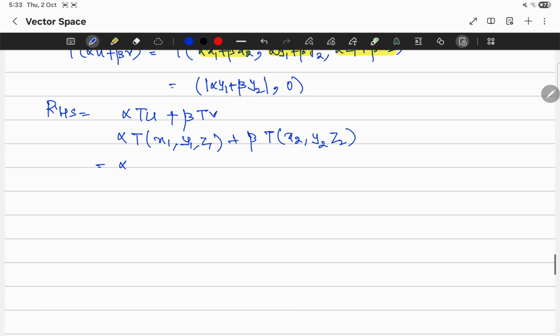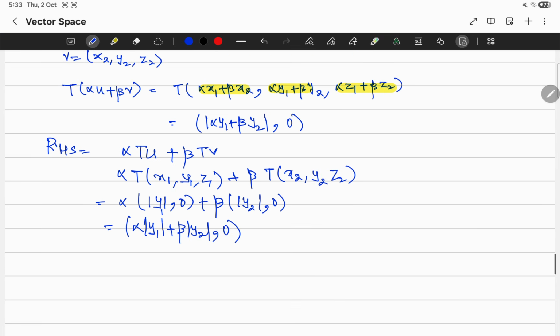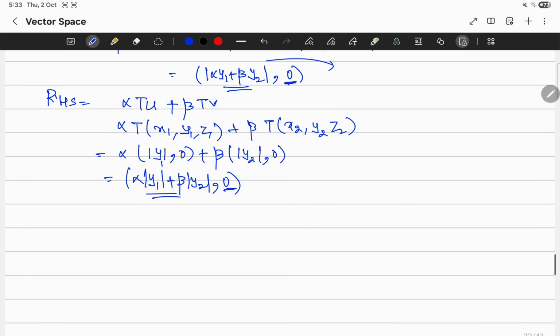So it will give you alpha, when you apply the T, it will give you modulus of y1 comma 0 plus beta modulus of y2 comma 0. So you will get alpha modulus of y1 plus beta modulus of y2 comma 0. You know the modulus here, this one. So it should be your LHS, the second coordinate equal to the second coordinate, and the first coordinate equal to the first coordinate.